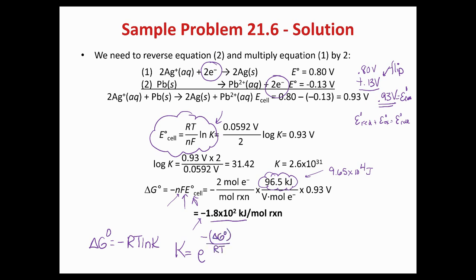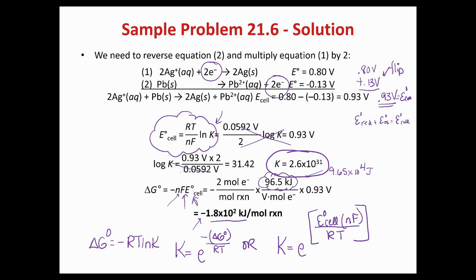So that's what I would have done, and I would have gotten this answer here. Or you could have solved for K: K equals e to the E naught of cell NF over RT. I don't know why these guys switched to log. It's very odd. So I'm going to just say, yuck. Why confuse that? Okay, but you should get the same answer.